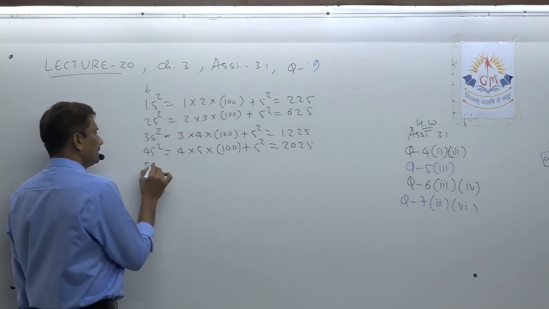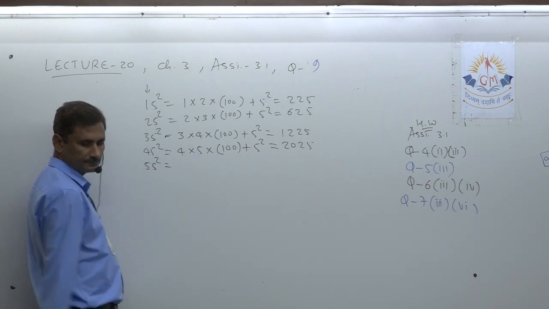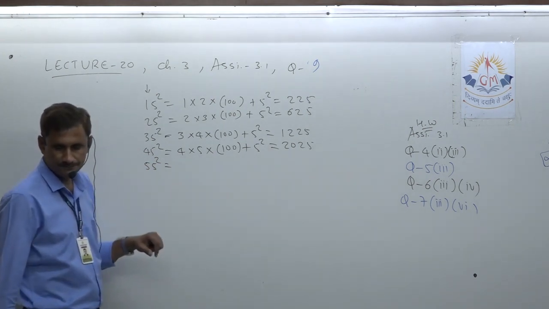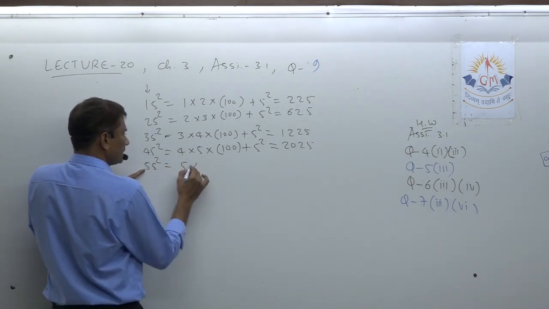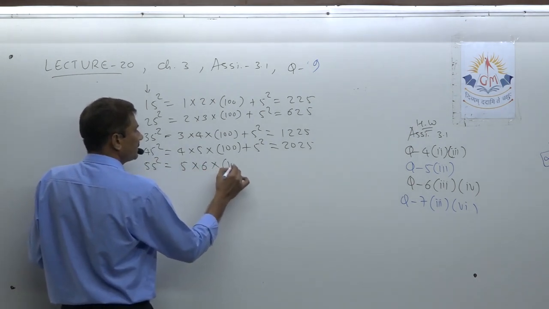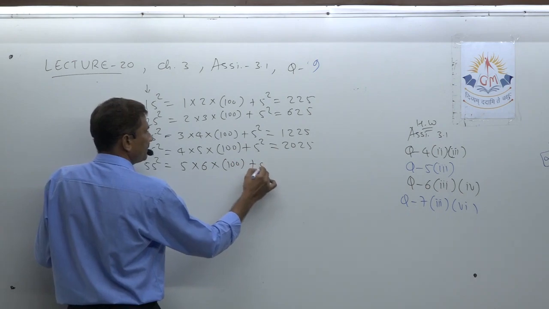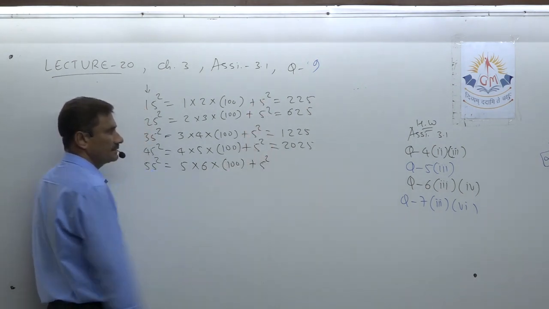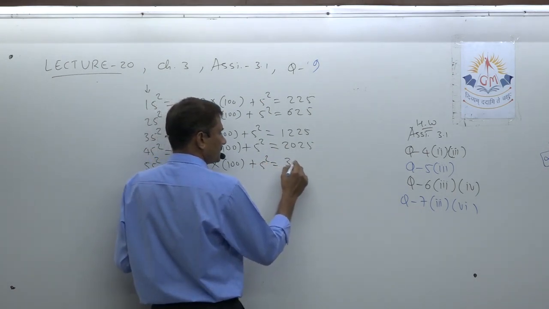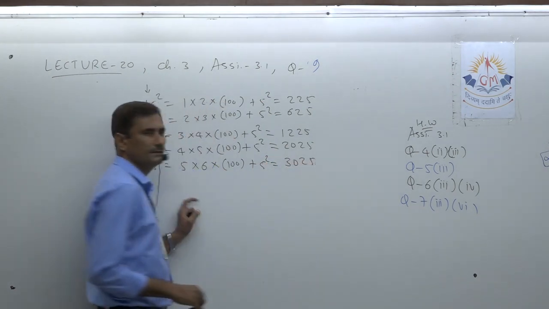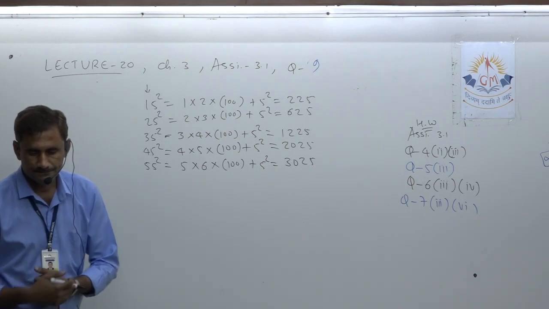Now I have to write 55 square. So first of all 5 here, then 6 into 100 plus 5 square. This is always 5 square. So 5 sixes are 30, means 3000, so 3025. So that is our answer.